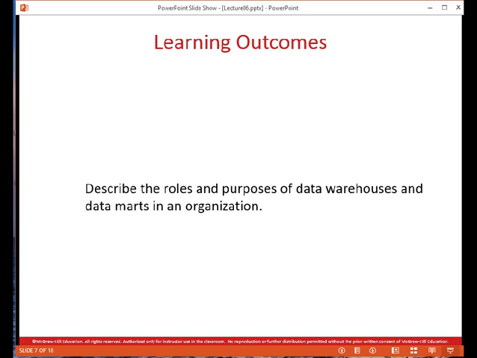The book described the role and purposes of data warehouses and data marts in an organization. A data warehouse is a logical collection of information that's gathered from many different operational databases. A data warehouse supports business analysis and decision making.